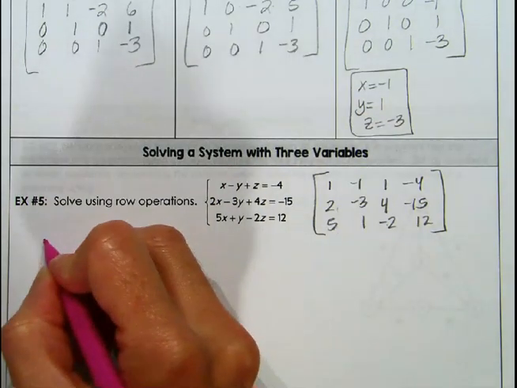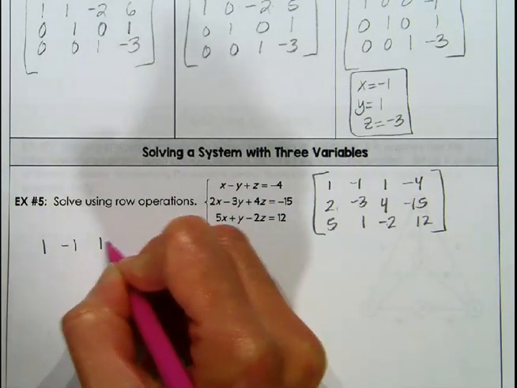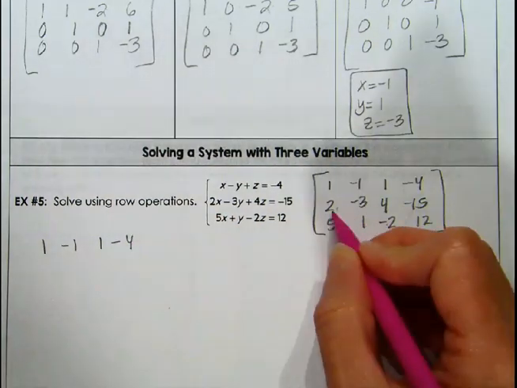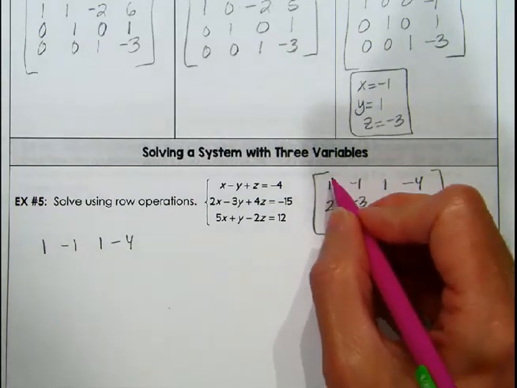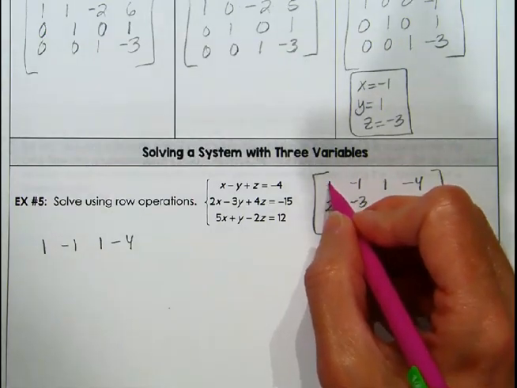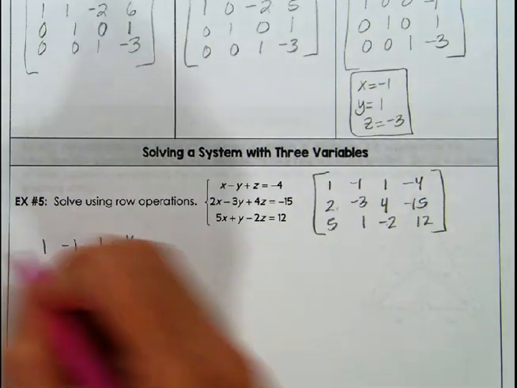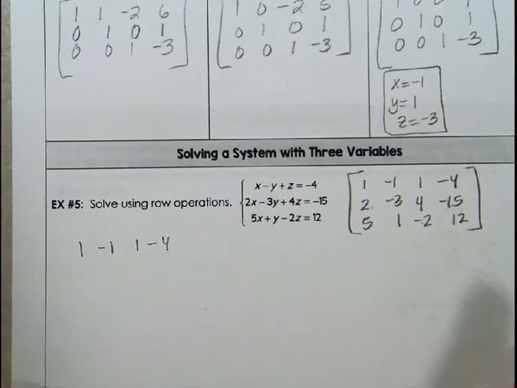So the first row I'm not even going to change. I'm just going to bring it over. And then for this one, for me to get a 0 right here, I'm going to have to say this minus 2 times this, right? Actually, let me write it on the side. Let me see if I can squeeze this in.